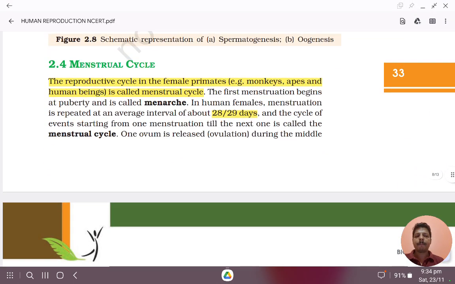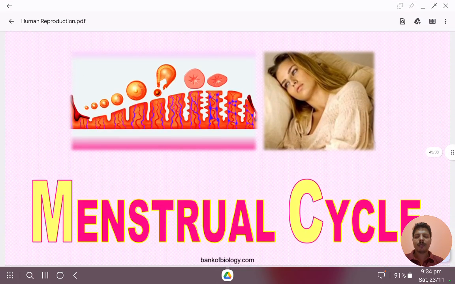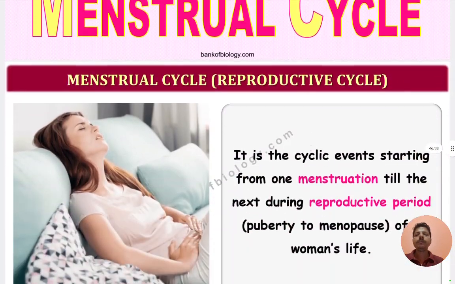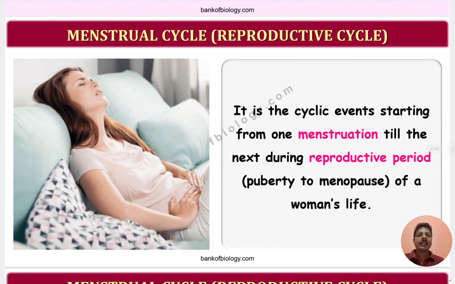Menstrual cycle. Let's see the PDF, what it says. Here you can see it is a cyclic event starting from one menstruation till the next during the reproductive period, puberty to menopause of a woman's life.